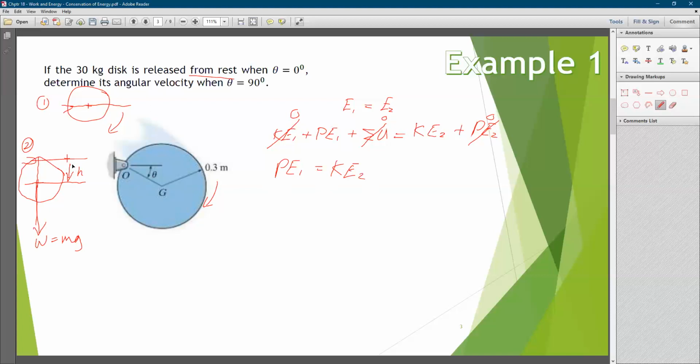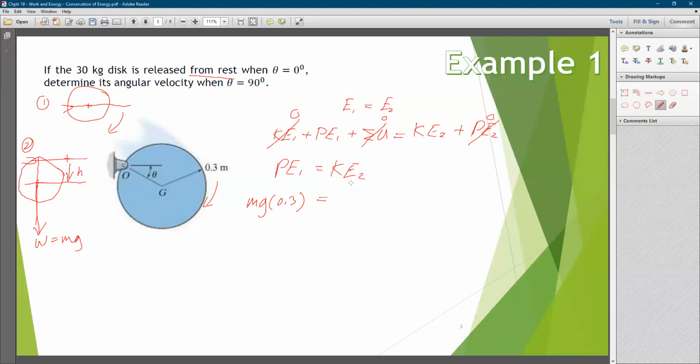At point 1, with respect to point 2, the position of point G is 0.3 meter. So what we have here is mg times 0.3, because point G is going down 0.3 meter, similar to this radius.